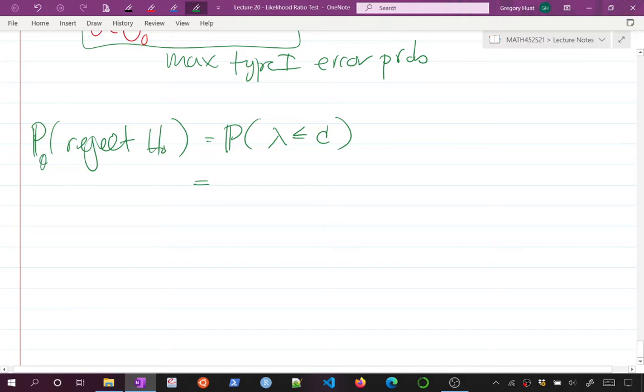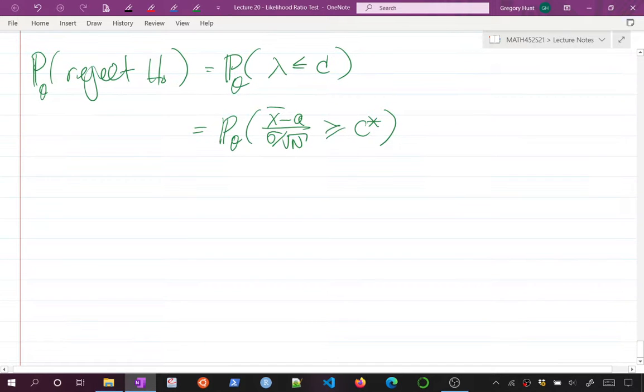So for any particular true value theta, this is the probability for that value of theta that lambda is less than C. And in our case, we showed that lambda being less than C is x bar minus A over sigma over root n being bigger than or equal to C star. Now I want to figure out what C star is, and actually find the maximum probability of rejecting when the null is true.